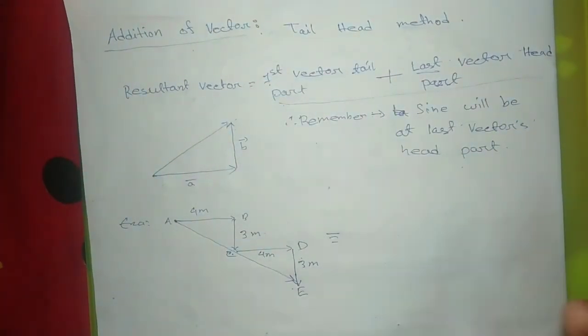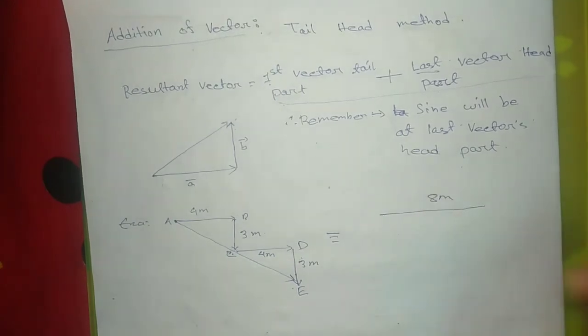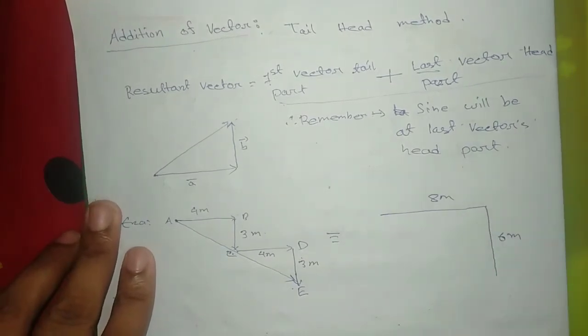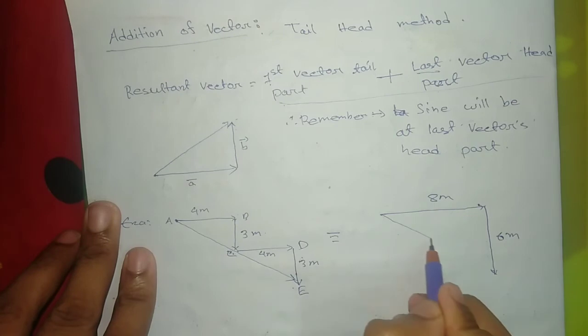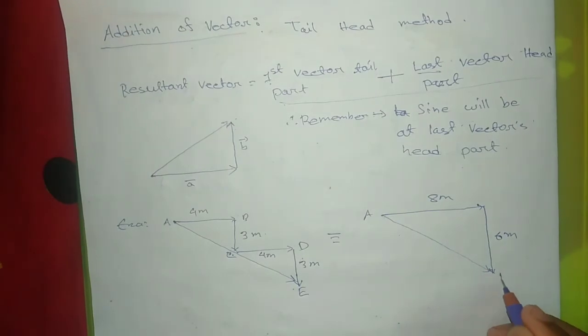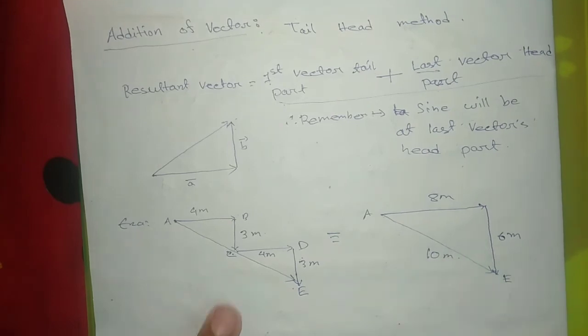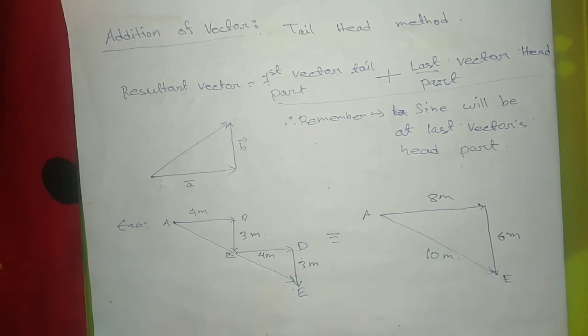That means this is 8 meters. Six meters. Easily we can find the resultant vector. Okay, AE vector. So it is clear.